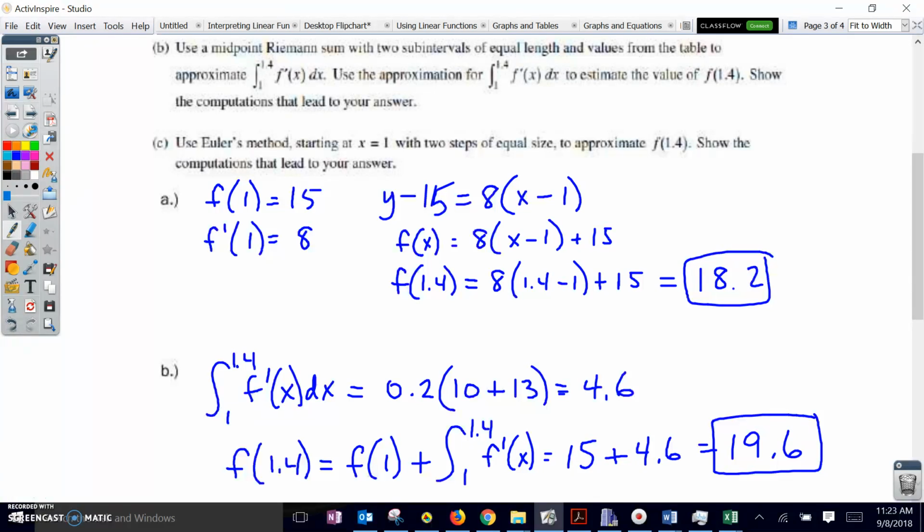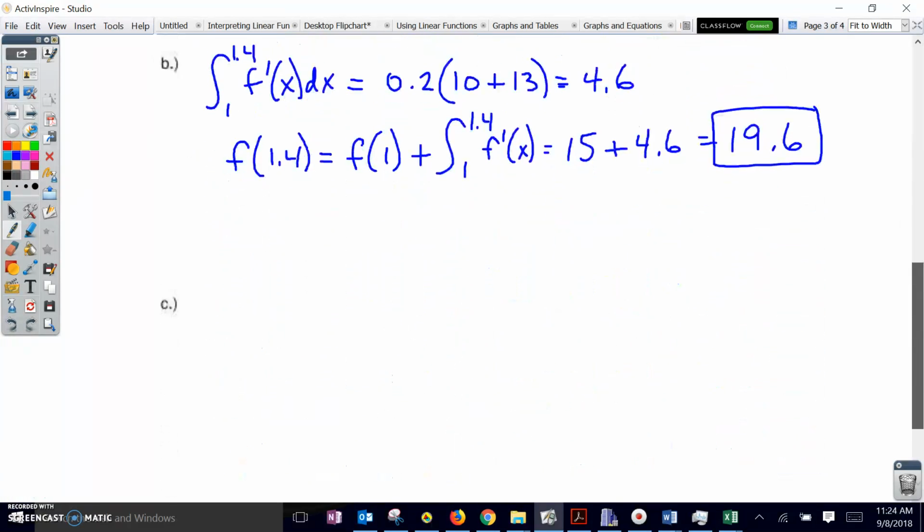Alright, and then in the last step, we're going to use Euler's method, starting at x equals 1, with two steps of equal size to approximate f of 1.4. So we want our dx to be 0.2 here. So I'm going to go ahead and set up a table here.